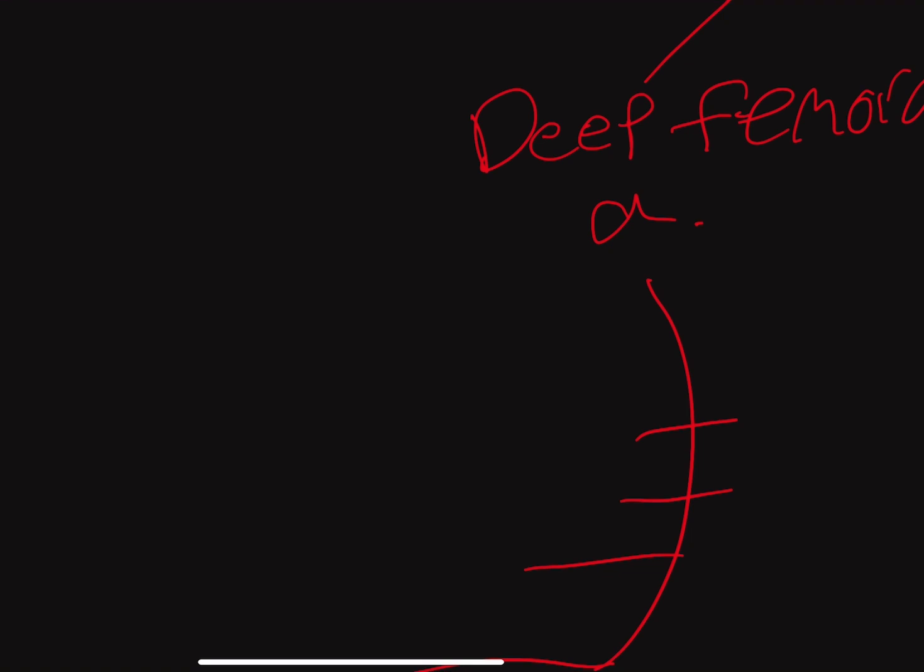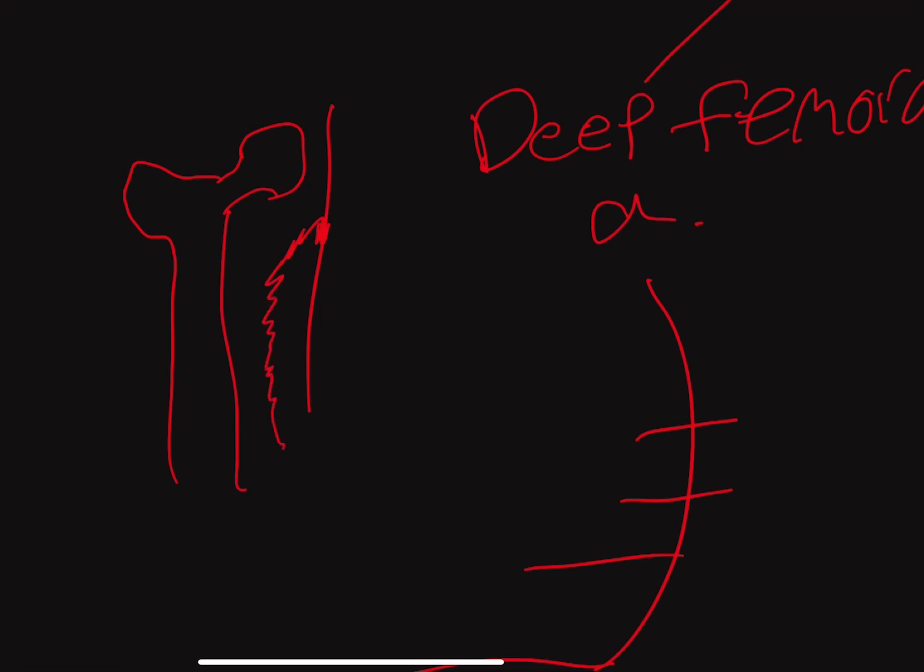But if I draw this out, let's see if I can draw this right. There we go, that's not too bad. So this is the femur. You have your femoral artery that just travels like that. You're going to have your deep femoral that travels here. You have your four perforating branches.